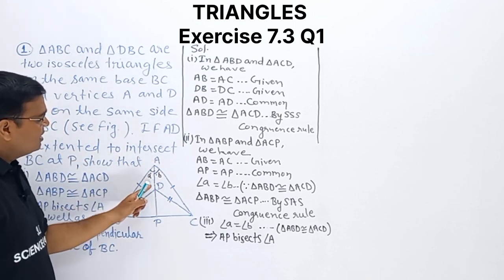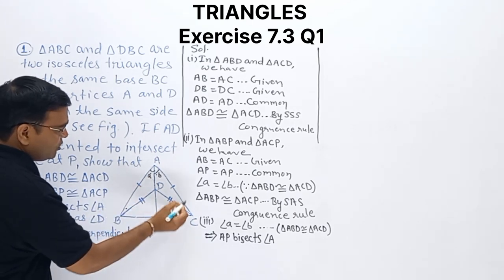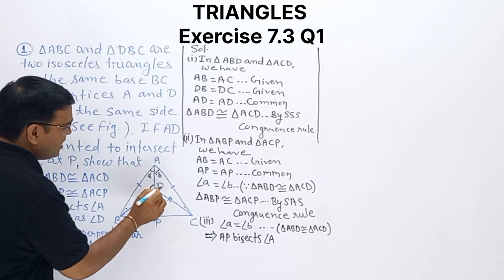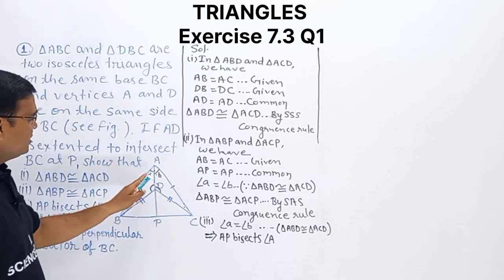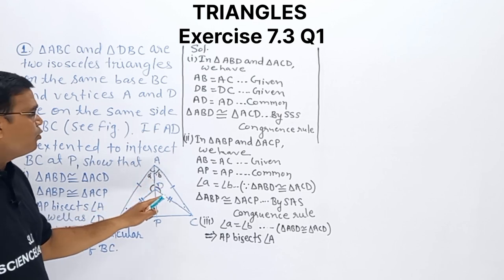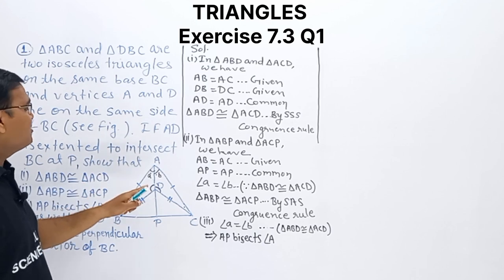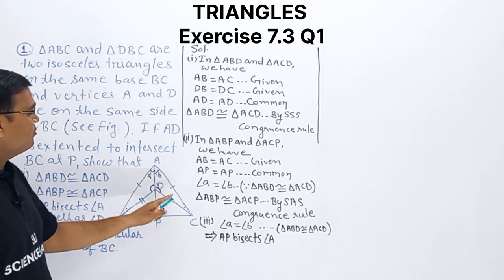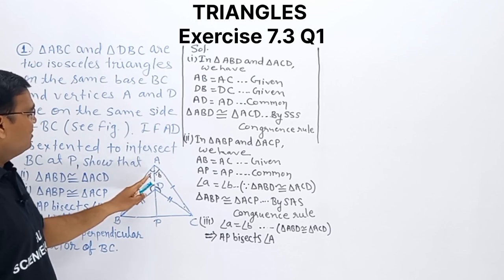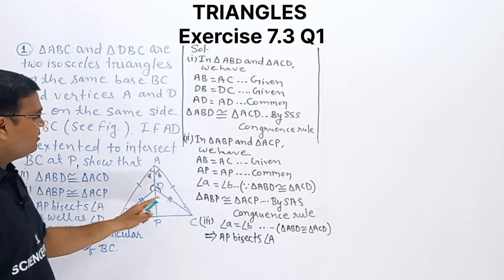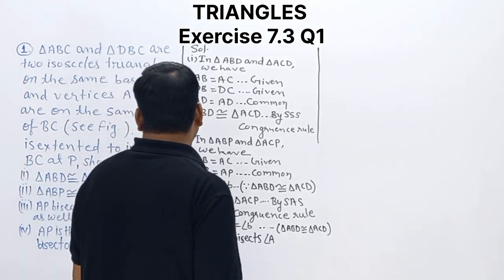Because ABD is congruent to ACD. The congruence rule is that corresponding parts of these triangles will be equal. This side equals this one, this common, both triangles the same size, and this angle equals this one.